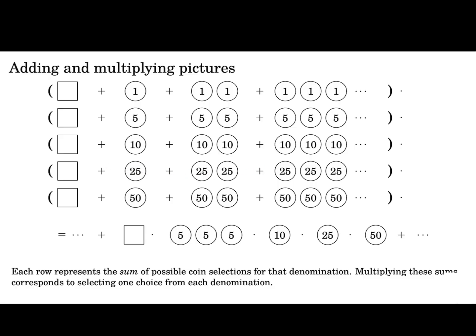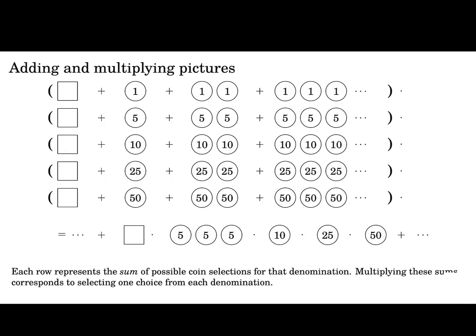And so in that case, if you think of this as some huge expression with all the possibilities for pennies, all the possibilities for nickels, all the possibilities for dimes, and so on, and you were to multiply them, you would get all possible combinations that you can do with all of these different coins. And so the idea is that each row represents the sum of possible coin selections for that denomination, and multiplying these sums corresponds to selecting one from each.